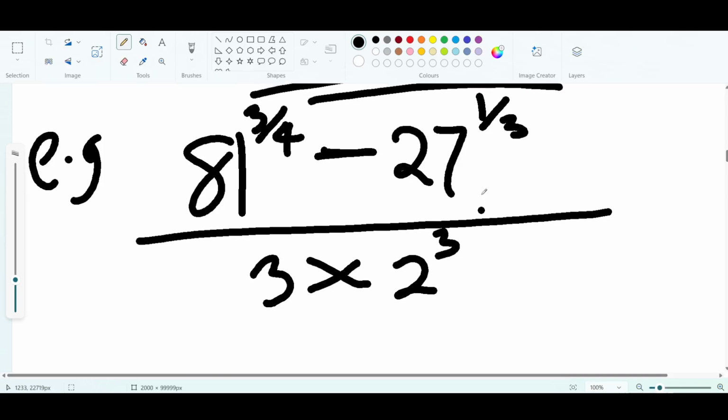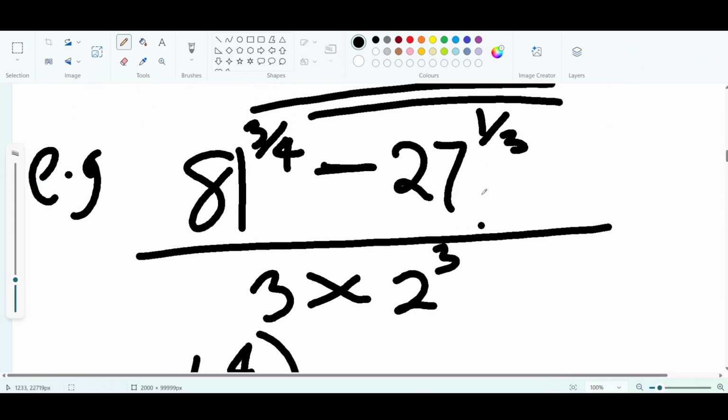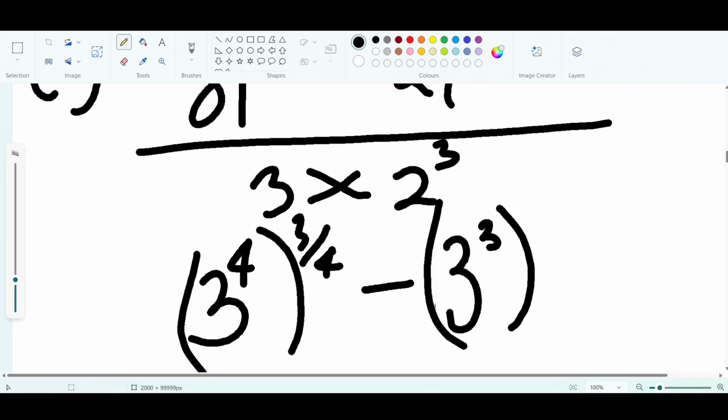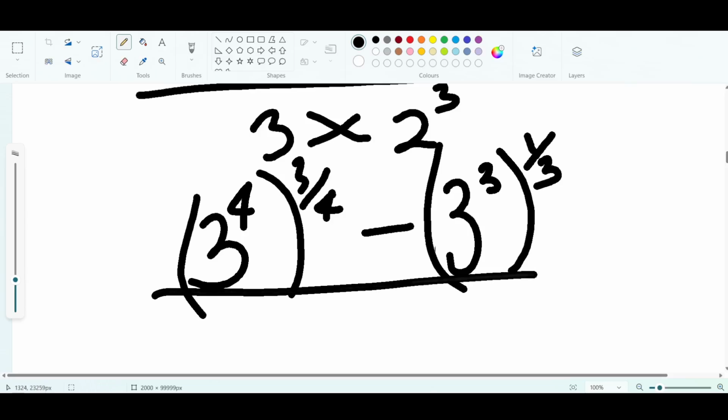So we can first convert them to 3 raised to power 4, raised to the power of 1 over 4, minus 27, that is 3 raised to power 3, raised to the power of 1 all over 3, based on what is here. So we are rewriting them.